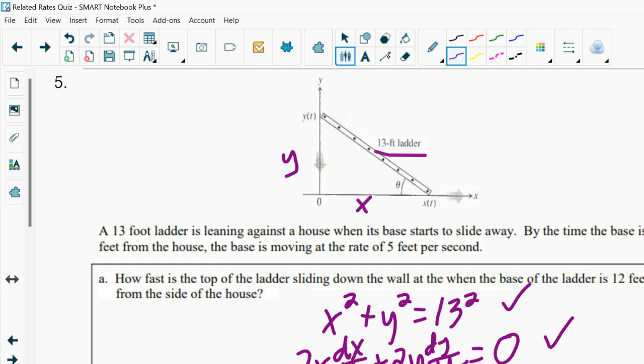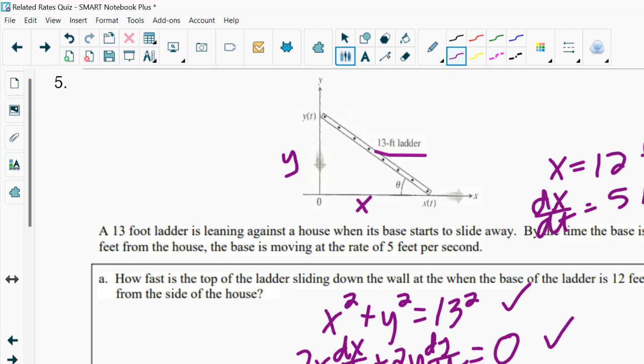And then the third point comes from actually plugging in the values correctly and solving it. We know that at the time the base is 12 feet from the house, x is 12. We know the base is moving, so dx over dt is 5 feet per second.